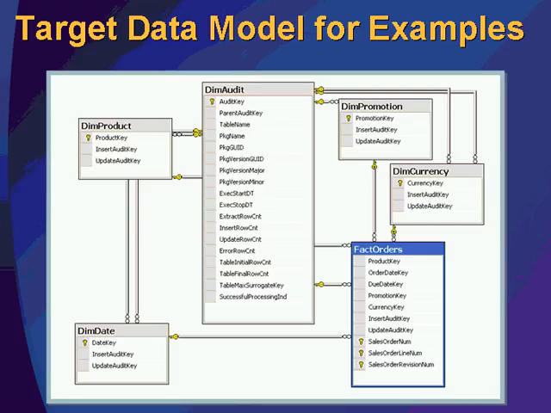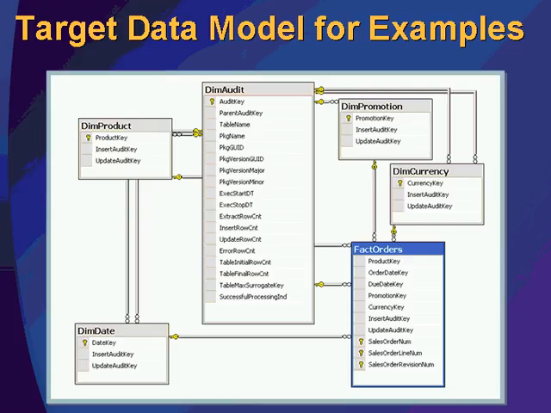My source database is the AdventureWorks transaction database, and then this is a really simple dimensional schema, a new database that I've created that is a 4-dimension star schema with one fact table called orders and 4 dimensions: product, date, promotion, and currency. I've collapsed the dimension tables down just to show you the keys. There are, of course, many other attributes in those tables.